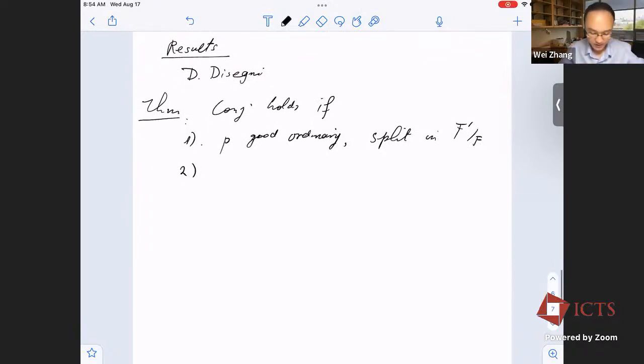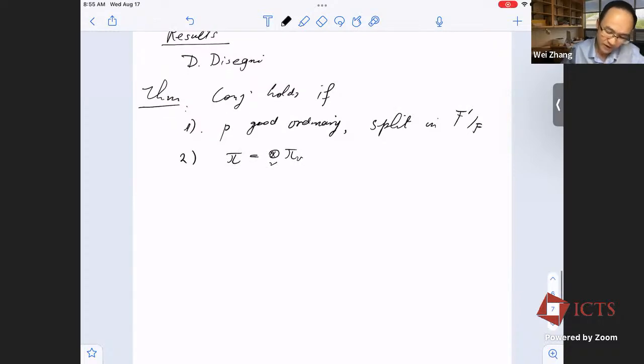So secondly, I have a lot of conditions. Well, the key conditions for the representation pi. So the ramification: pi_v should be either unramified, which is true for almost all places.